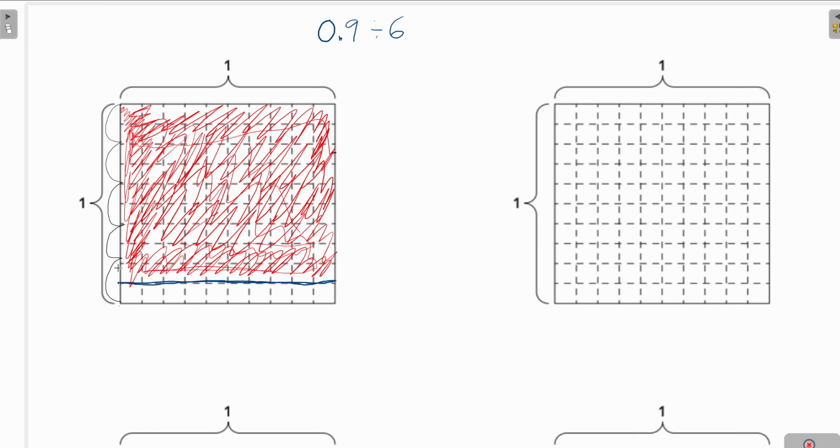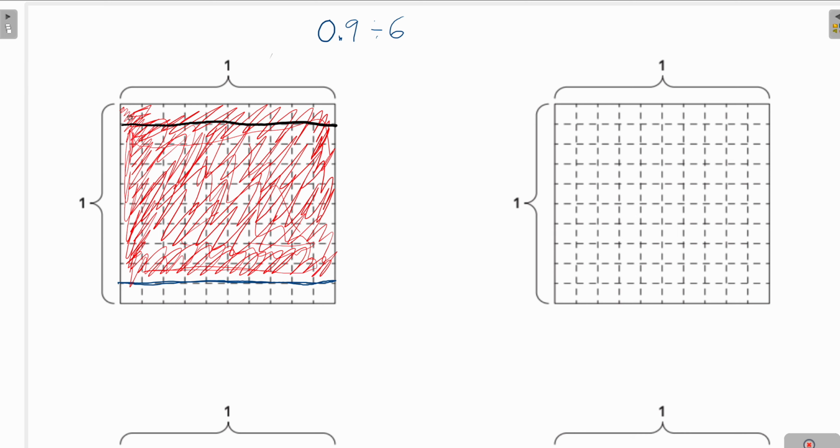So what that tells me is that I should start wherever I can get 6 equal parts. And that's going to be with one of these whole strips here. So that's going to be 1 equal part.